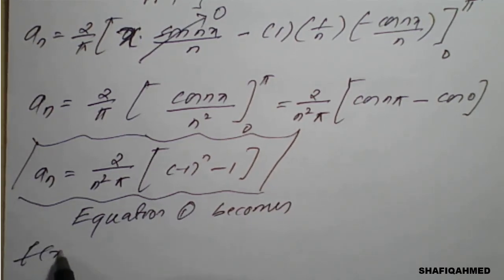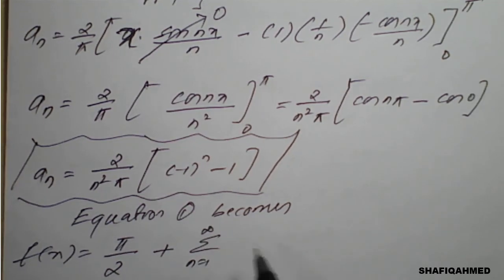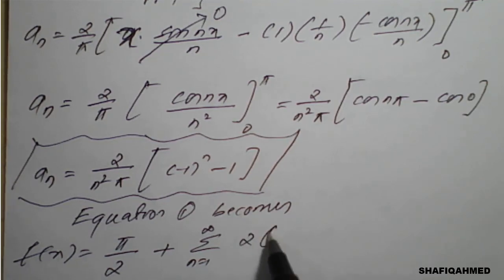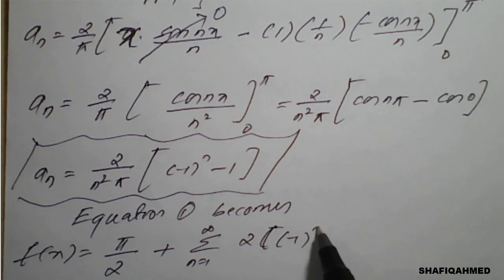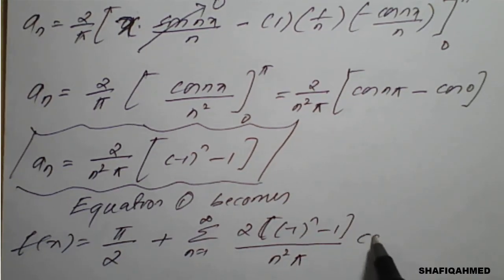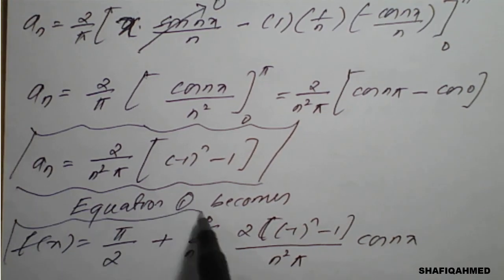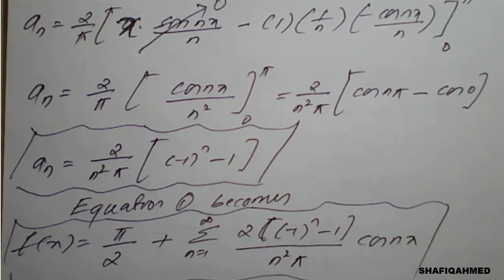That is, f of x is equal to the a naught value, which we got as pi, and in the formula we have already 2 divided by 2, plus summation n from 1 to infinity of the an value. The an value is 2 into minus 1 raised to n minus 1 divided by n square pi, into cos of nx. So this is the required Fourier series of the given discontinuous function.